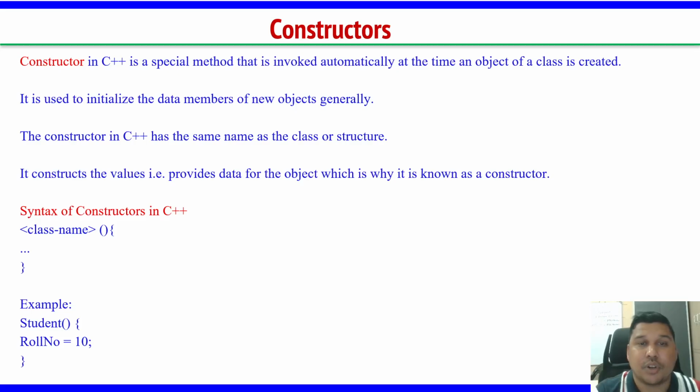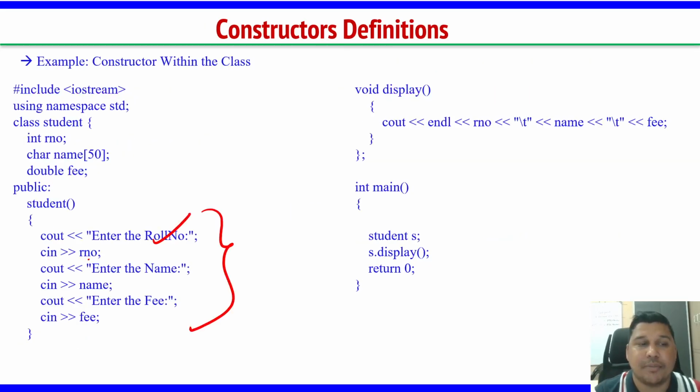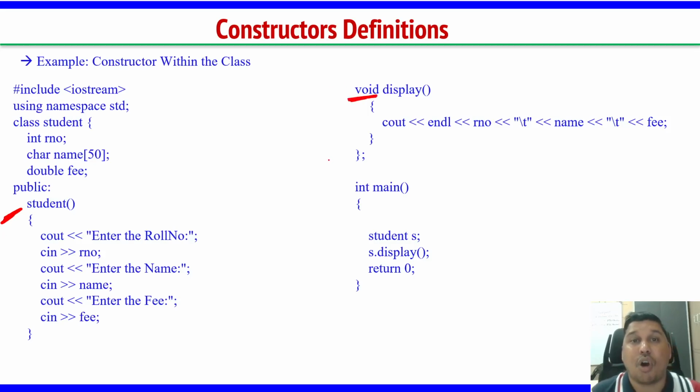For this example, there is no return type for the Student function, whereas for display there is a return type. For all functions it is mandatory to have a return type, but though we say a constructor is a function, it should not have any return type, because it's not returning anything. It is just executing one time when an object is created.